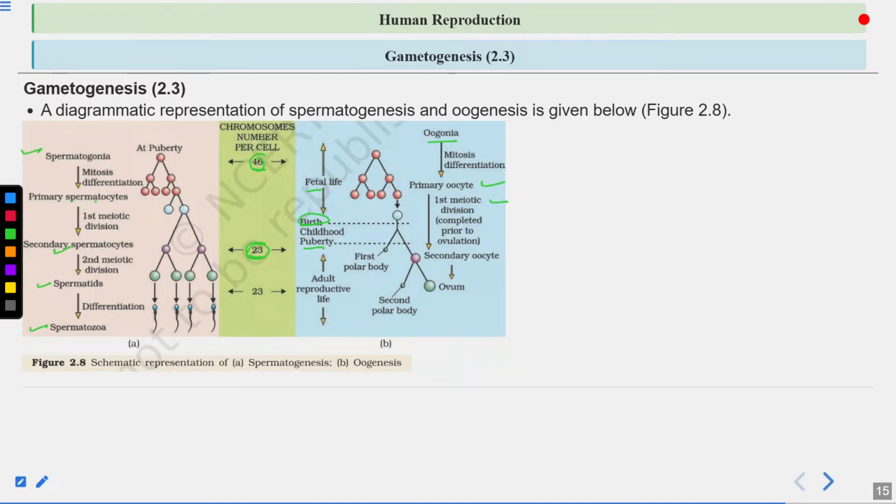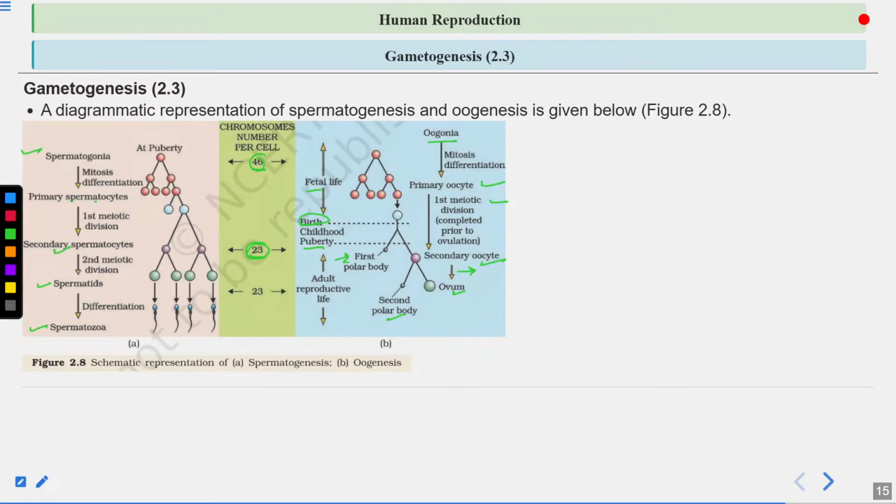They complete meiosis 1, forming a large secondary oocyte and a small first polar body, which degenerates. Then the secondary oocyte is arrested in metaphase 2 of meiosis 2. It completes its division when it comes in contact with the sperm, and then it forms a large ovum and a tiny second polar body.